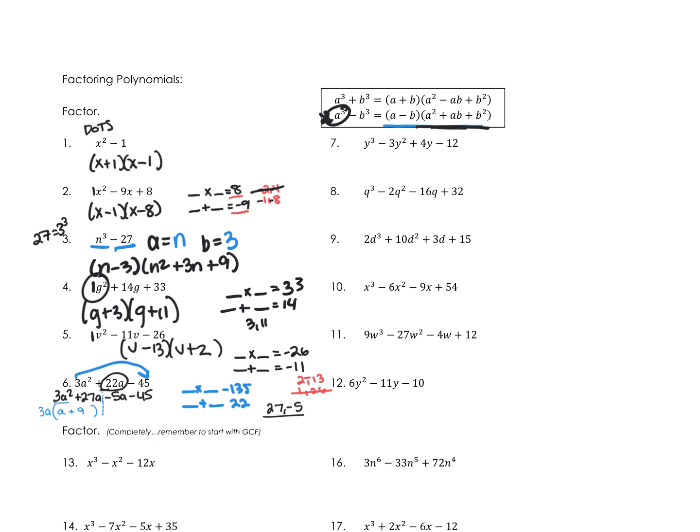Now on the right-hand side here, 45 and 5 are both divisible by 5, and because there's a negative in the front here, we're going to pull that out with the 5. So we're going to pull out a negative 5. So the first term here will be left with a, and when we do negative 45 divided by negative 5, we'll end up with plus 9, which is good because that matches over there. So then we'll know one of our factors is a plus 9, that common factor, and then the other factor is what's left, the 3a minus 5. And so this is our answer here.